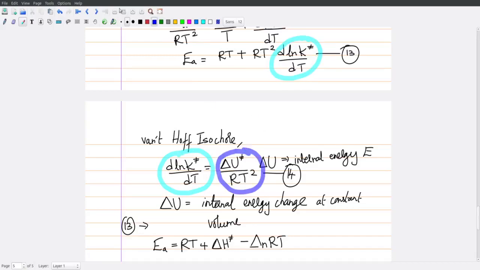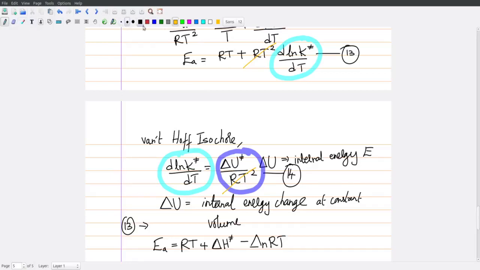So this RT square goes off and you are only left with delta U.